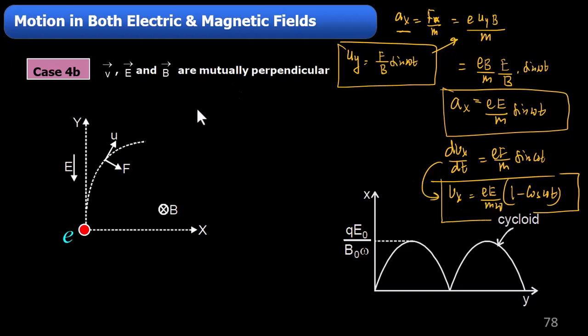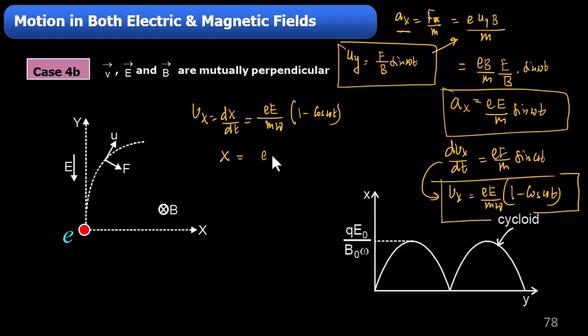Similarly, Vx is equal to dx dt. So that gives capital E divided by m omega into 1 minus cos of omega t.